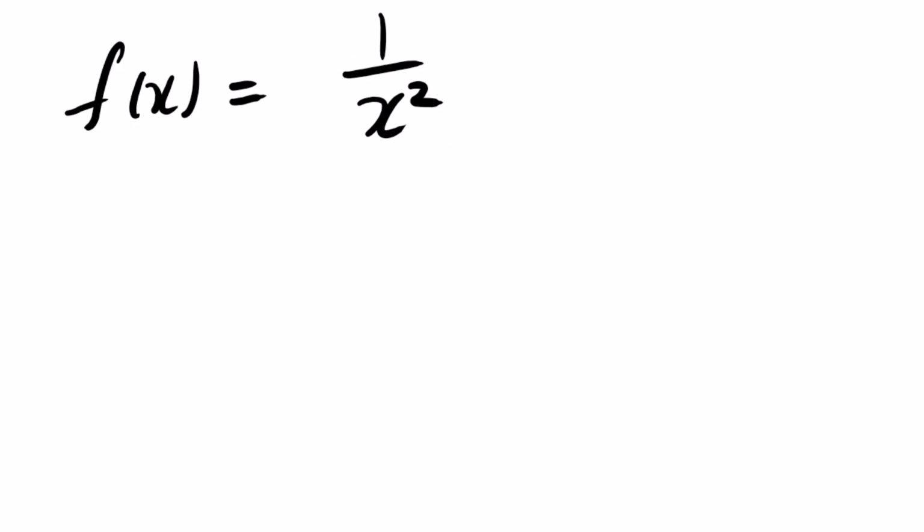Another type of function we should look at is this one, whereby our variable is on the denominator level. Before we can apply the rules of derivatives, we need to take this denominator to numerator level.